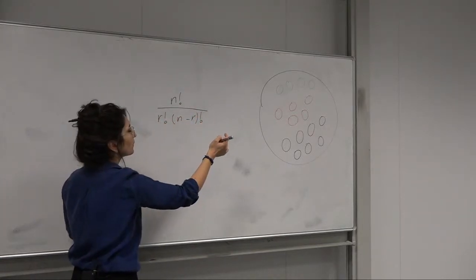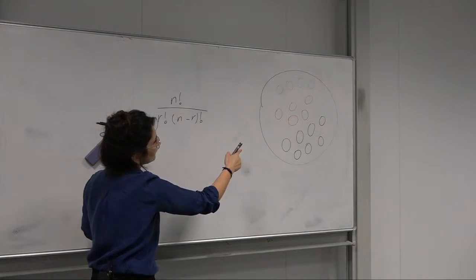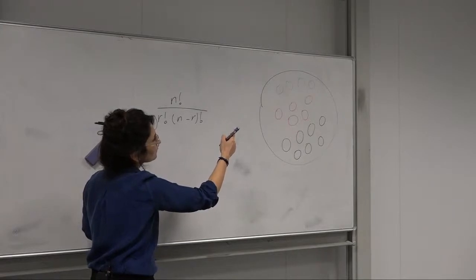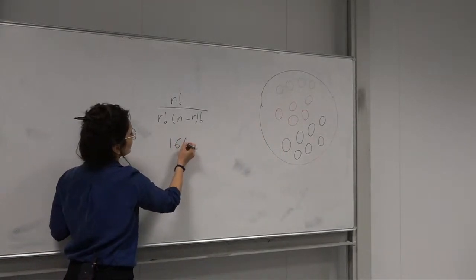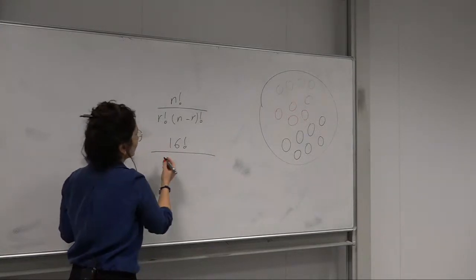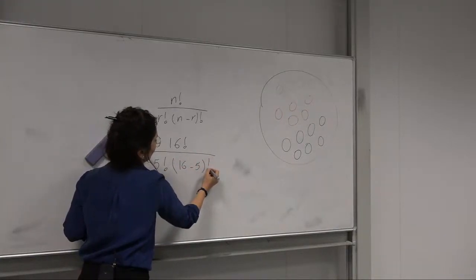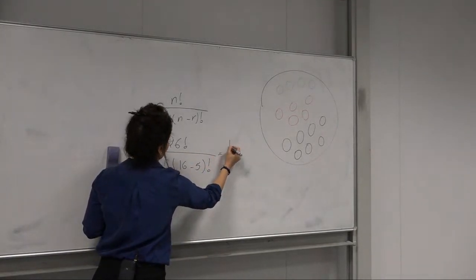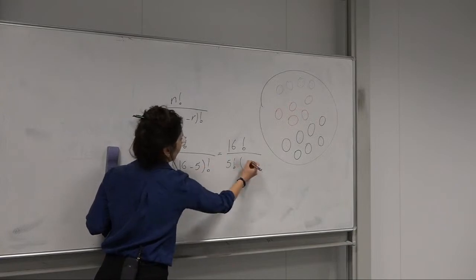So let's say the first one is red. How many in total do I have? That's 7, 5, 12, plus 4, 16, right? So 16 factorial divided by, let's say it's red, how many do I have? 5 factorial multiplied by 16 minus 5 factorial, which is equal to 16 factorial divided by 5 factorial multiplied by 11 factorial.